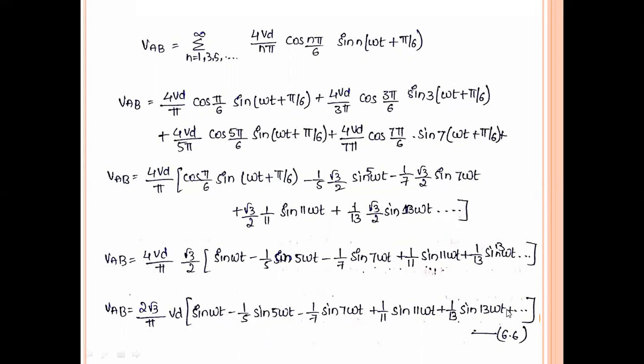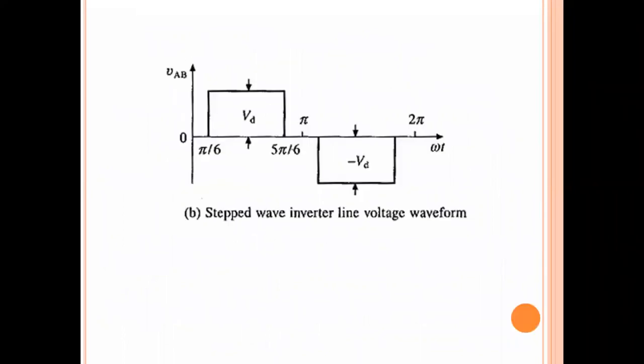The stepped wave inverter itself contains the 5th, 7th, 11th and 13th order harmonics. All these lower order harmonics create problems in the induction motor operation. So stepped square wave inverter operation is not that acceptable for various applications.